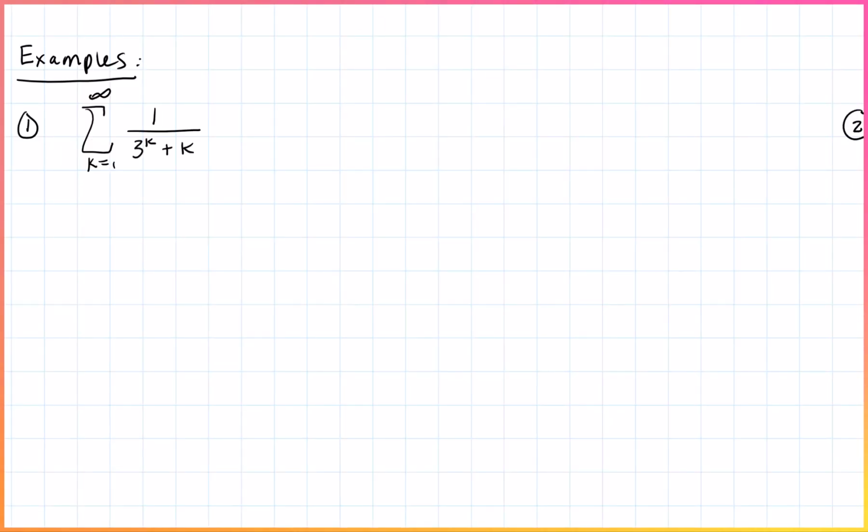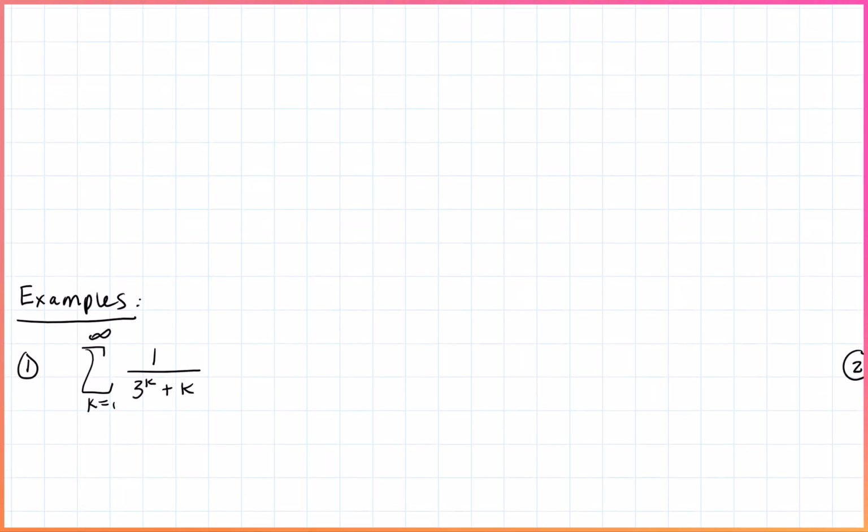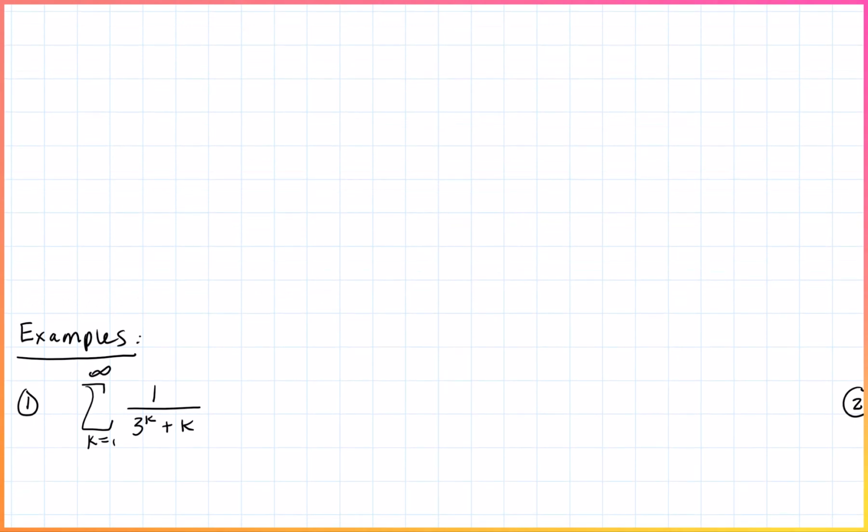Okay, so here we go. We've got the series from k equals 1 to infinity of 1 over 3 to the k plus k. Now, above this, I want to mention a couple of notes about using the comparison test.